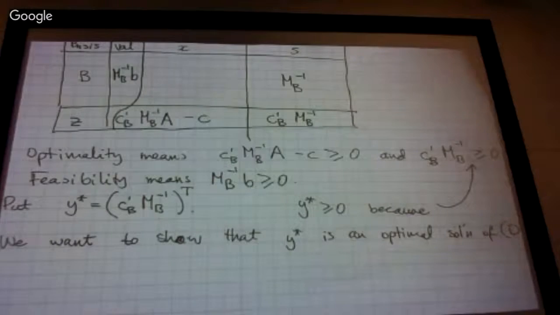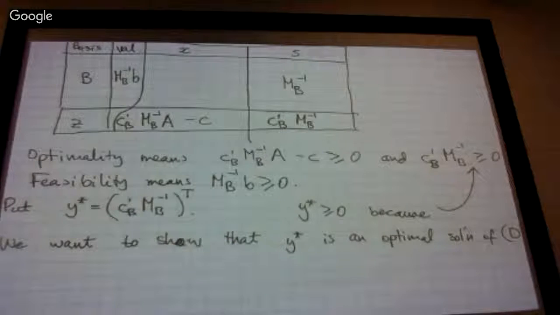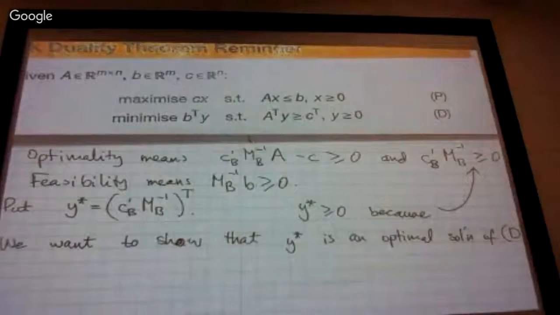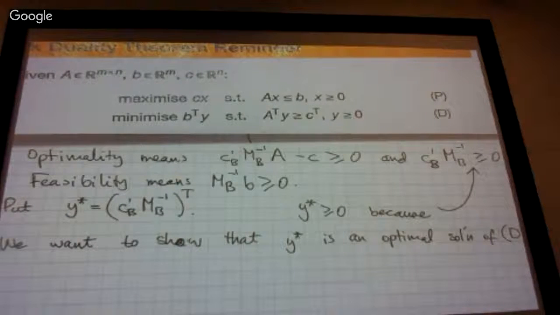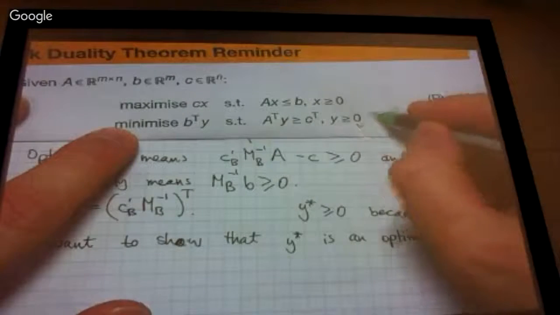So what does it mean? Feasibility, when you look at this dual again, we want to show that it's greater than or equal to 0. We've already done that.